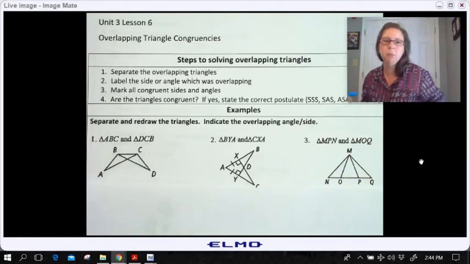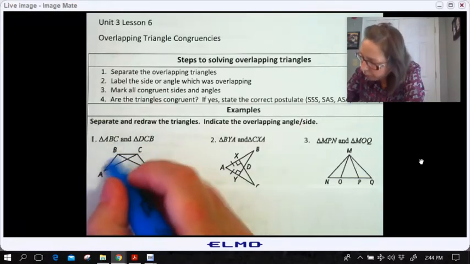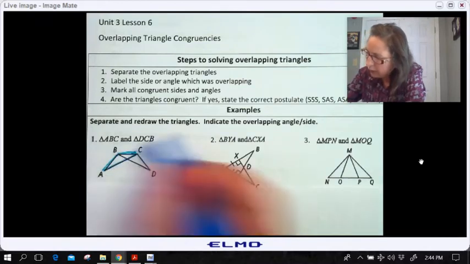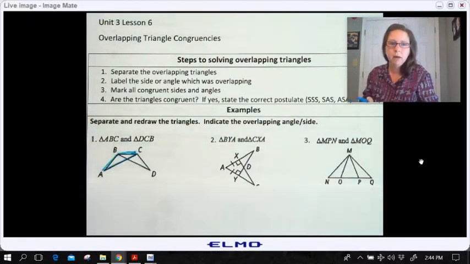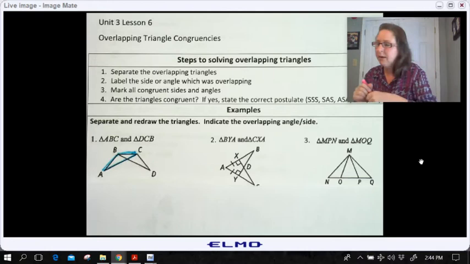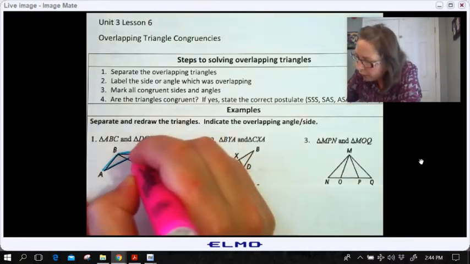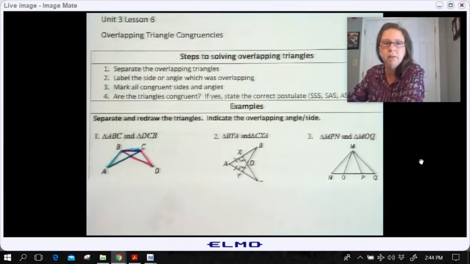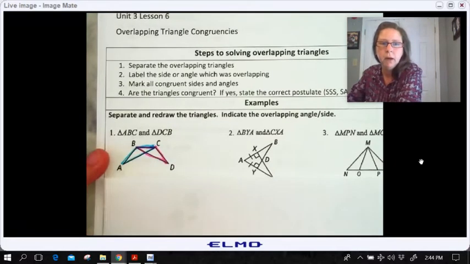So let's look at example 1. I have triangle ABC. So here's ABC. And then I also have triangle DCB, which is this one right here. So what I'm going to do is I'm going to separate these, okay?